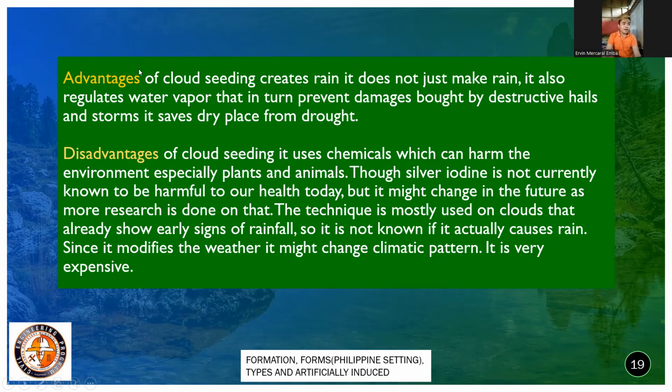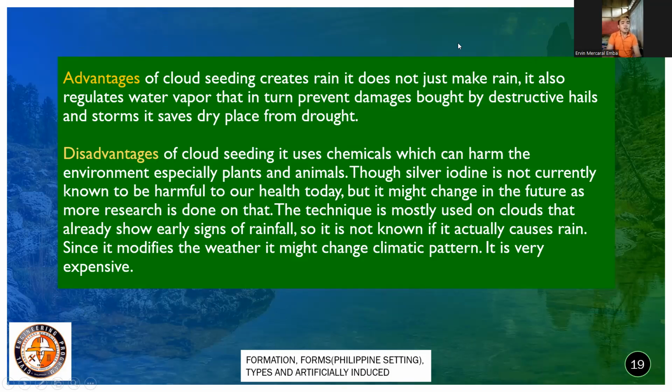The advantages of cloud seeding: it creates rain. It also regulates water vapor and prevents damage brought by destructive hail and storms. It saves dry places from drought.